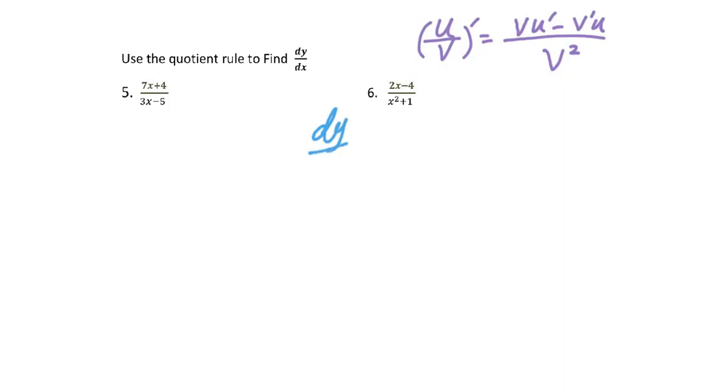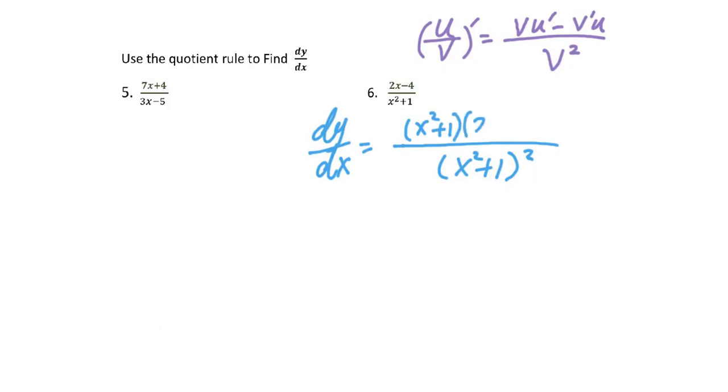So dy by dx. Remember your denominator squared. Then you put your denominator to the top. Then you make the numerator derivative minus here. Remember, here is a minus. Then you switch.